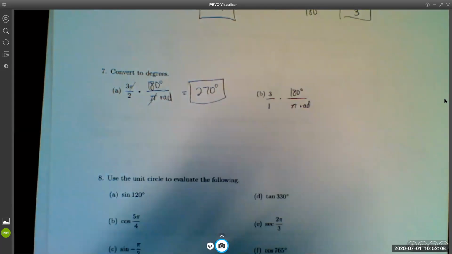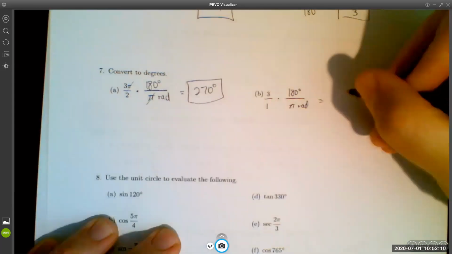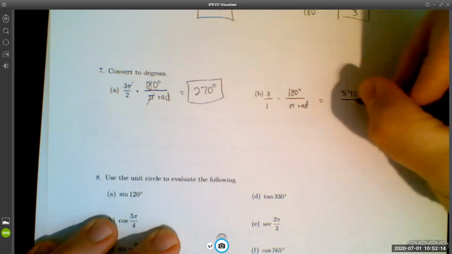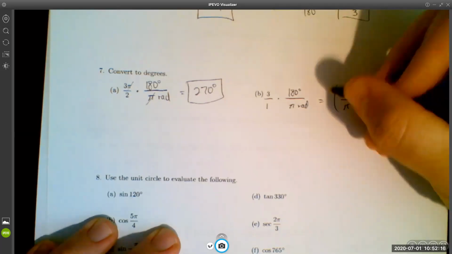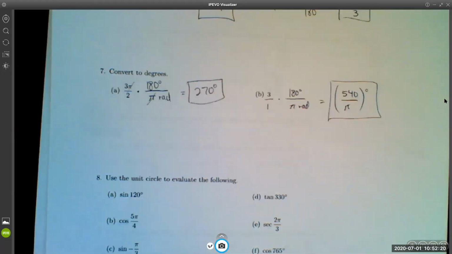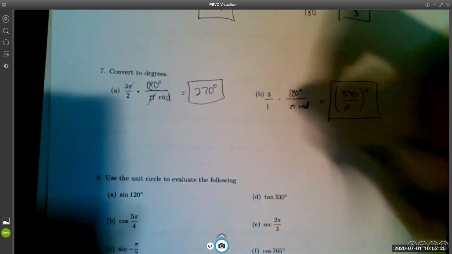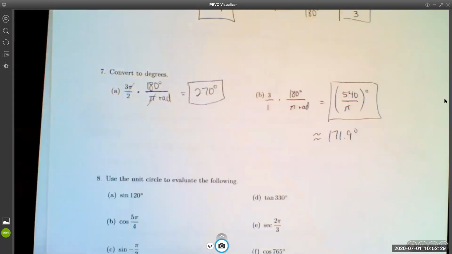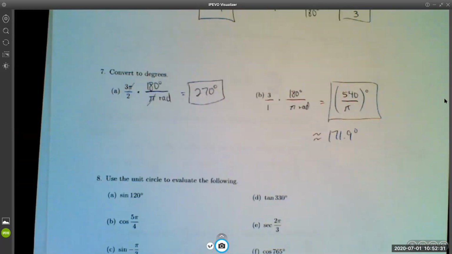But we get 540 over pi degrees. If you want a decimal approximation, of course, you can say 540 divided by pi is approximately 171.9 degrees. Okay, so that's how we go back and forth between degrees and radians.